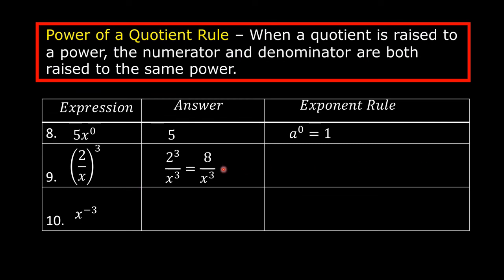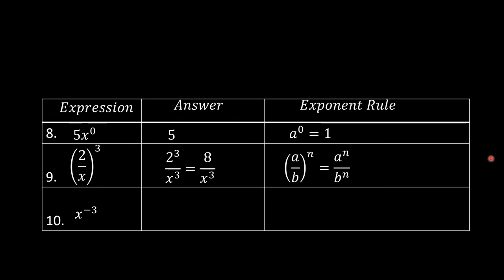So, we have 2 cubed over x cubed. But 2 cubed is equal to 8. So, we have 8 over x cubed. The exponent rule in symbols is a over b raised to n is equal to a raised to n over b raised to n.